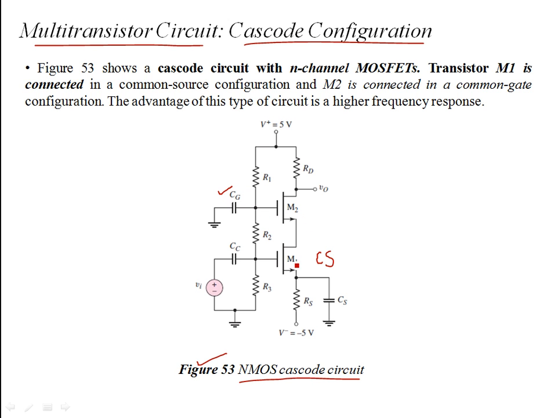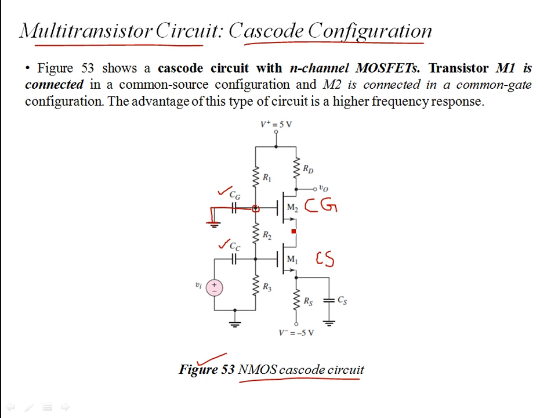Just like M1 has a coupling capacitor CC, which couples the input AC voltage VI. For the alternating time varying signal, this is an AC ground. The gate of M2 is an AC ground, so therefore the gate is common. So M2 is a common gate configuration. So gate is the common.